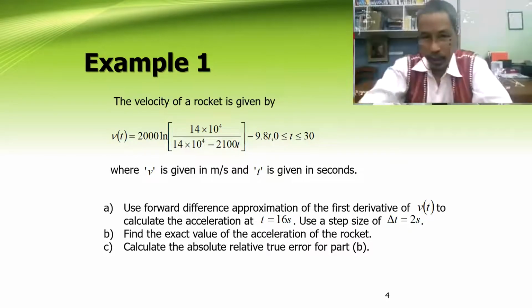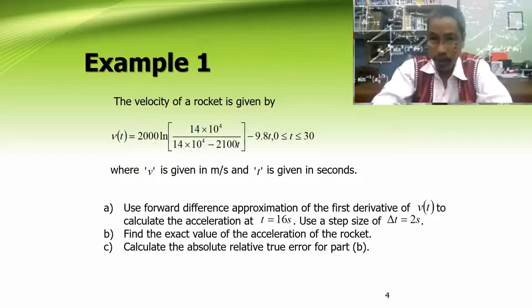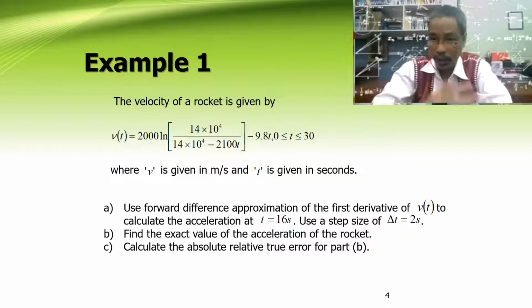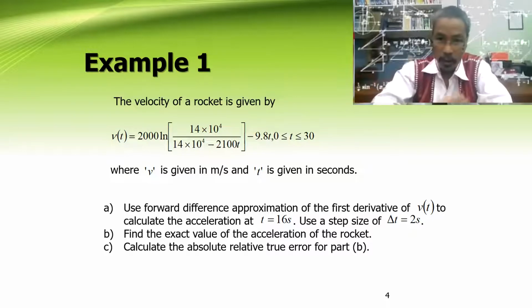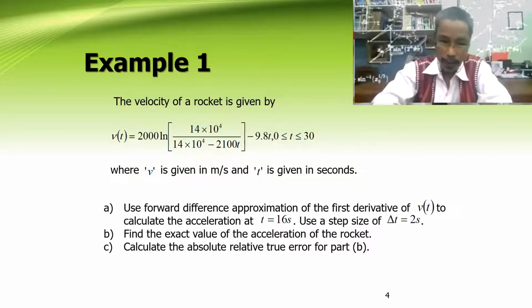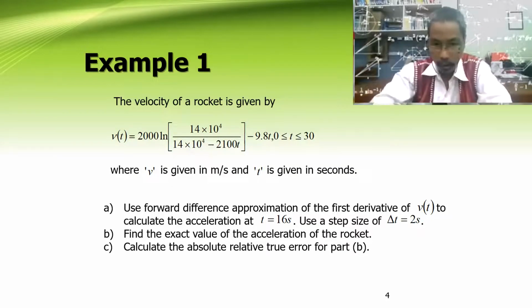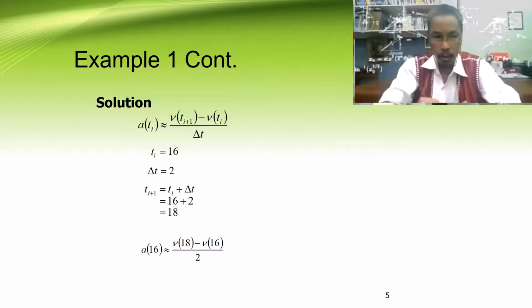We can easily recall that from our chapter 1 introduction. There are several videos, and you can look back at our video pertaining to errors. Okay, so let us proceed in solving this example number 1.